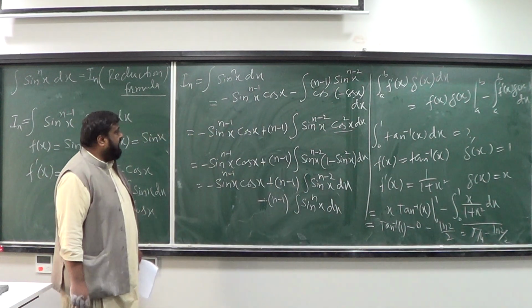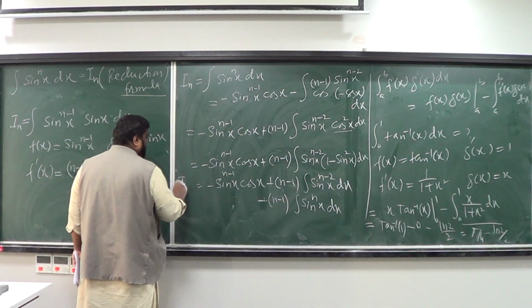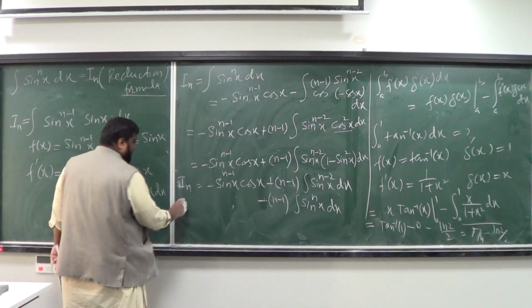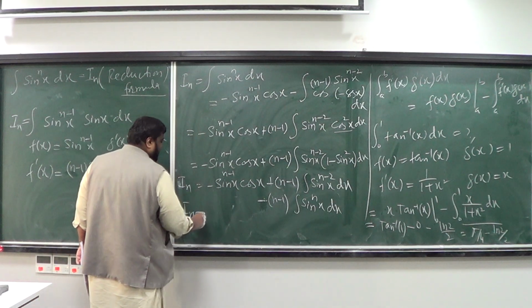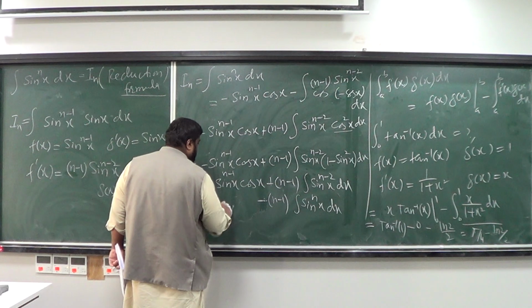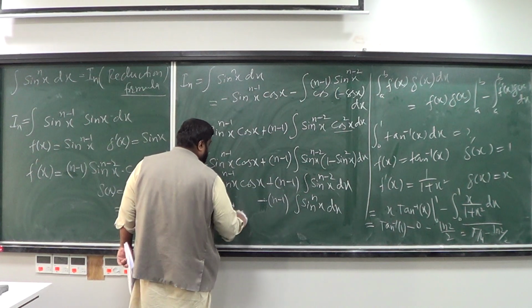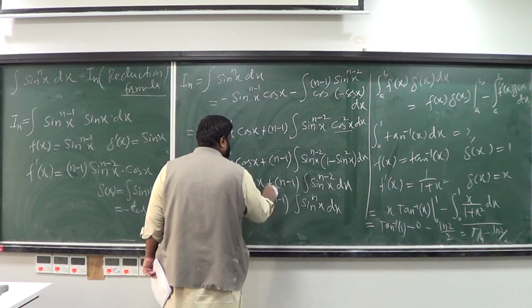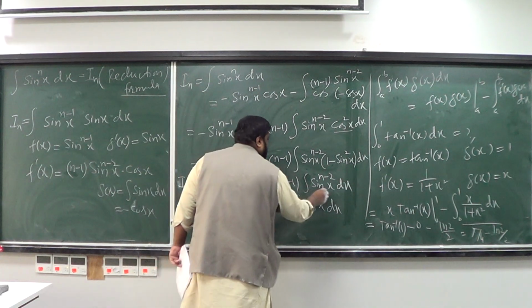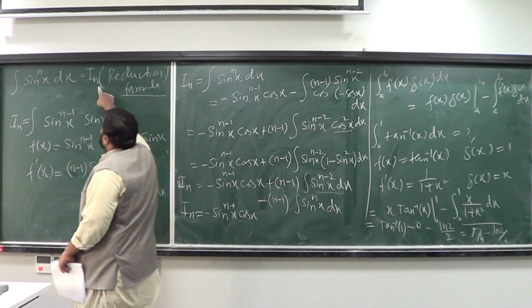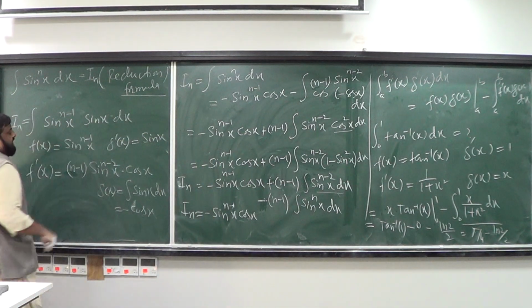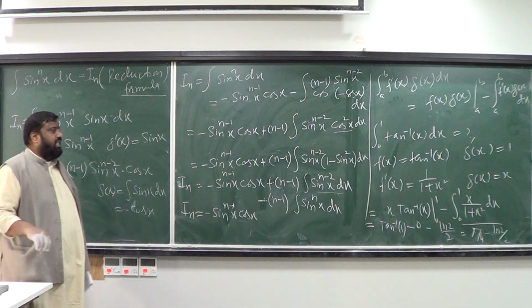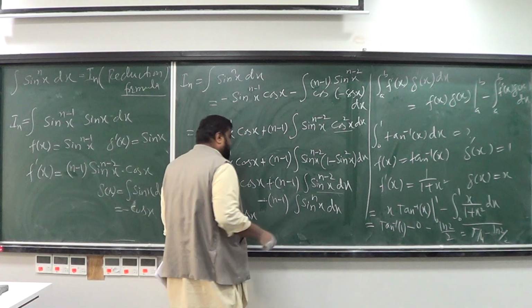Now I would like to rewrite this expression. So here I have I_n. So this I_n is equal to minus sine^(n-1) x cosine of x. Okay. Now what is this? If I_n is the integral of sine^n x dx, what would be sine^(n-2) x?